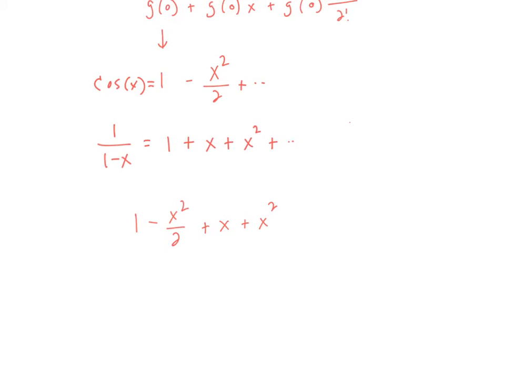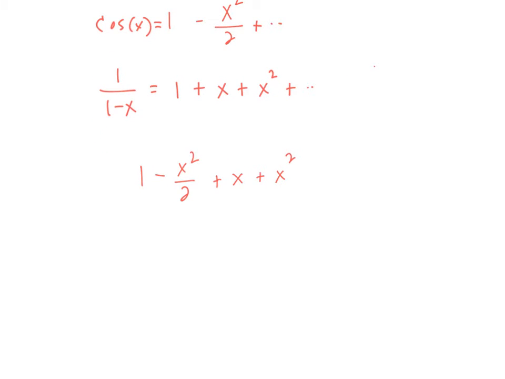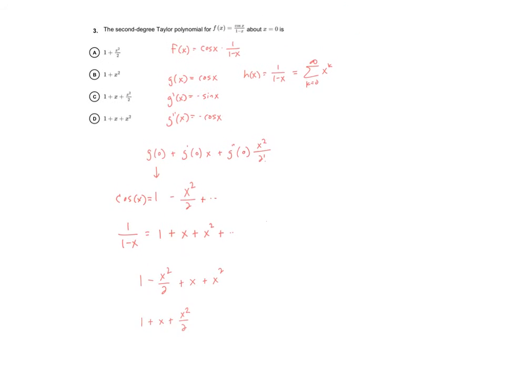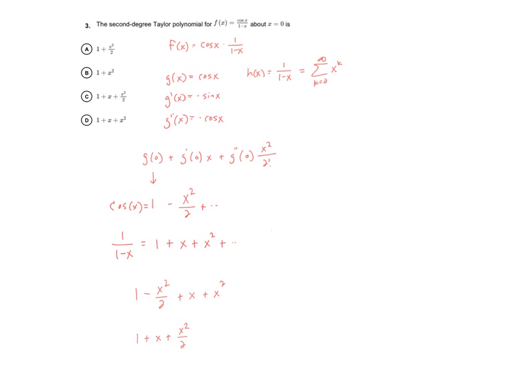And that's it. If we do any more foiling, then we're going to get terms that are higher than degree 2, so they won't contribute to this anyway. And then we'll just simplify it, and that'll be it. Okay, so that's C.